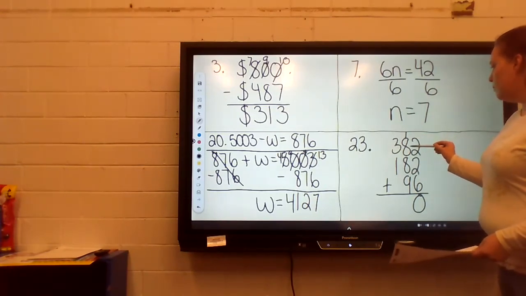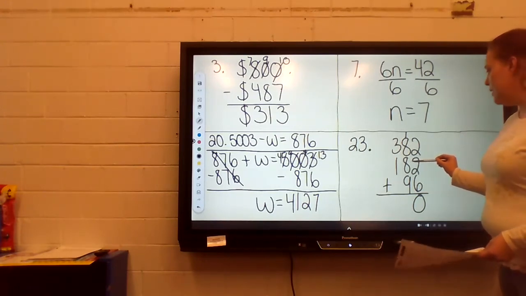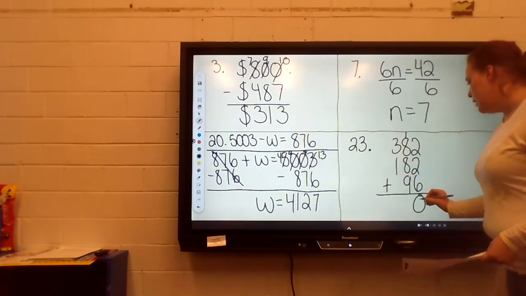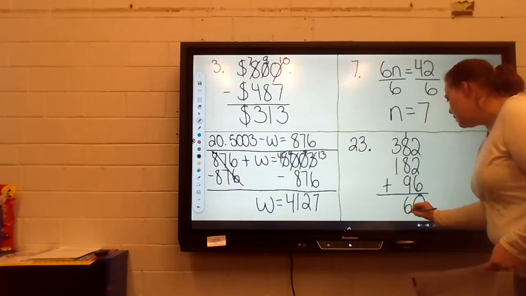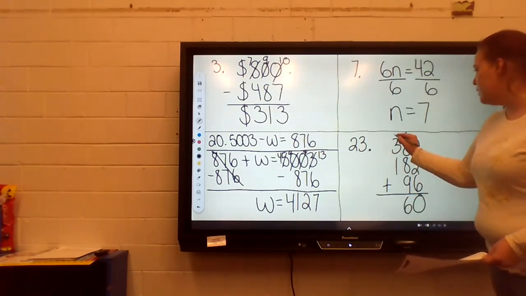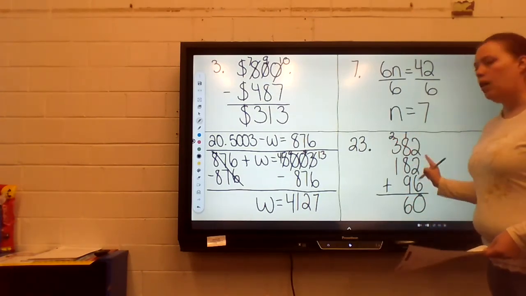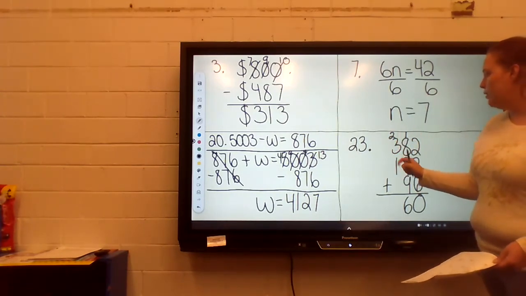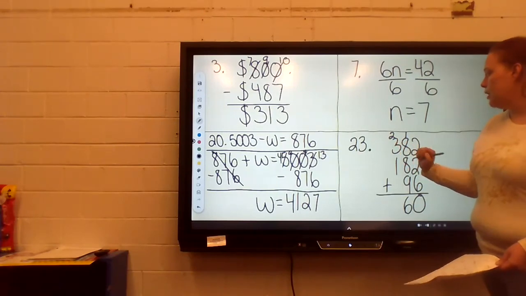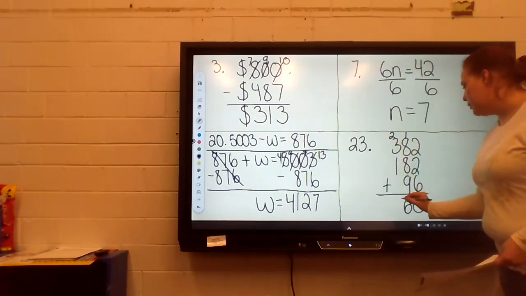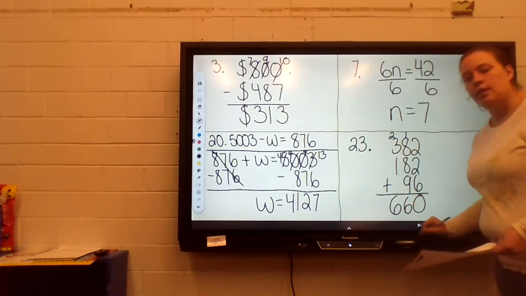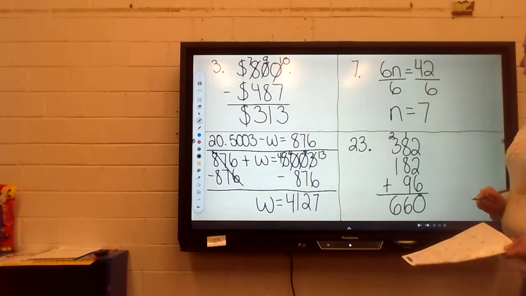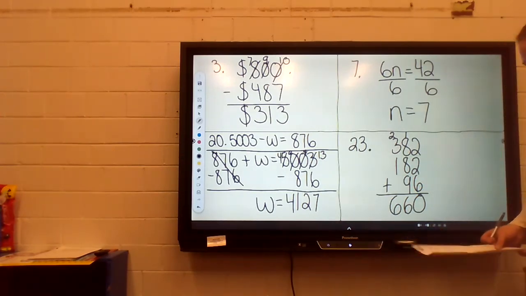So 1 plus 8 is 9. 9 plus 8 is 17. 17 plus 9 is 26. So you're going to write a 6 here, and then you're going to regroup that 2 all the way over in the hundreds column for that 3. So 2 plus 3 is 5. 5 plus 1 is 6. So you will end up with an answer of 660.